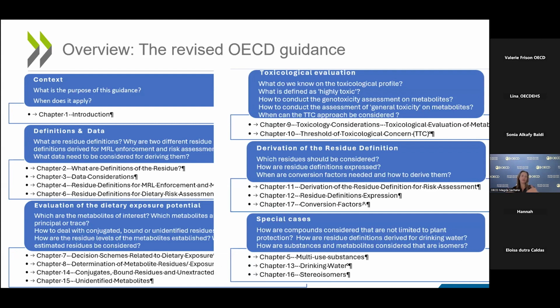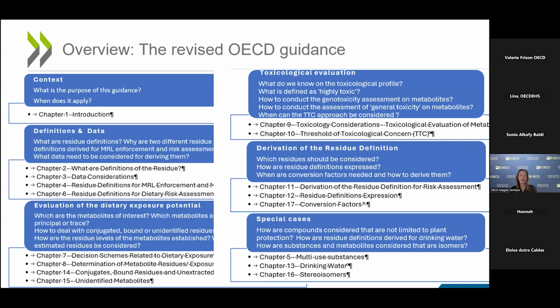And everything comes together in chapter 11, where the derivation of residue definition is explained, as well as dedicated chapters for the residue definition expression and the application of conversion factors if needed, and actually how to derive them.